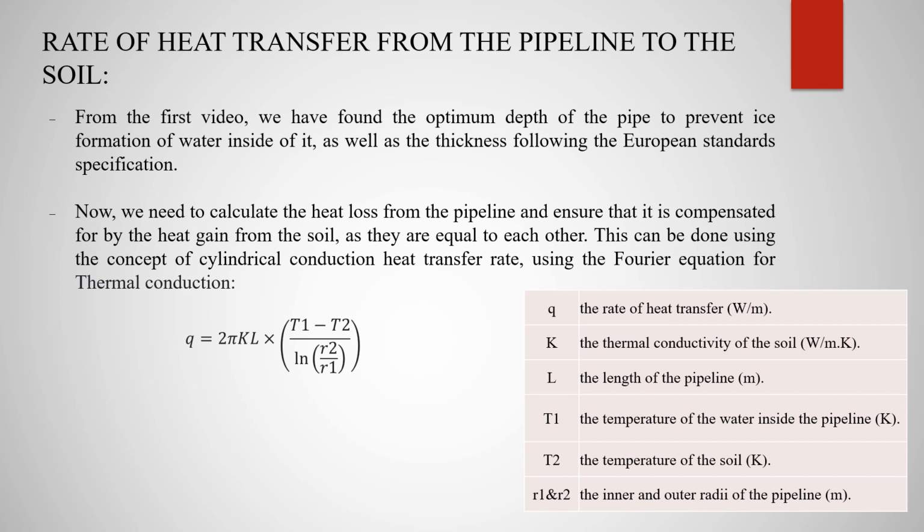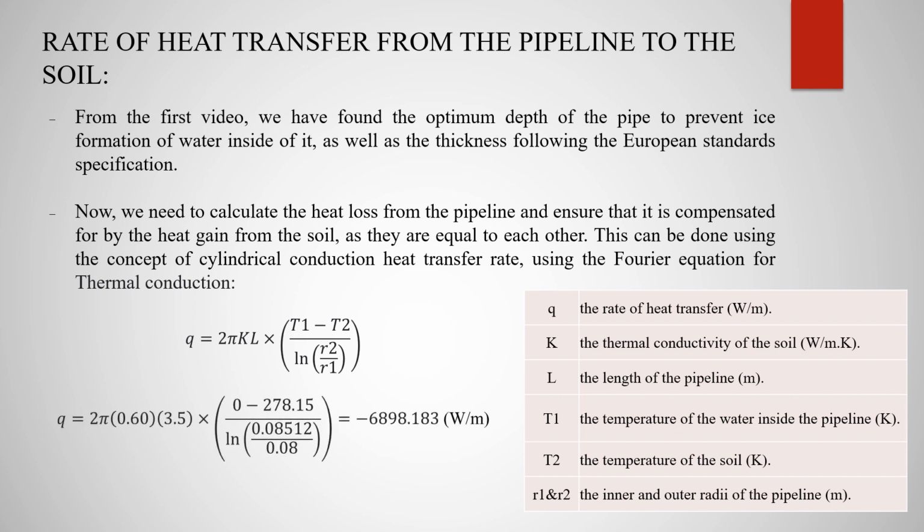T1 is the temperature of the water inside the pipeline, which is 273.5 Celsius, and T2 is the temperature of the soil, which is equal to 278.15 Kelvin. R1 and R2 are the inner and outer radius of the pipeline, which were found to be equal to 0.08 and 0.08512 meter respectively.